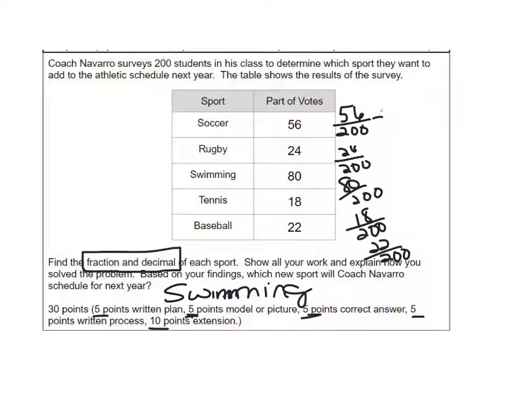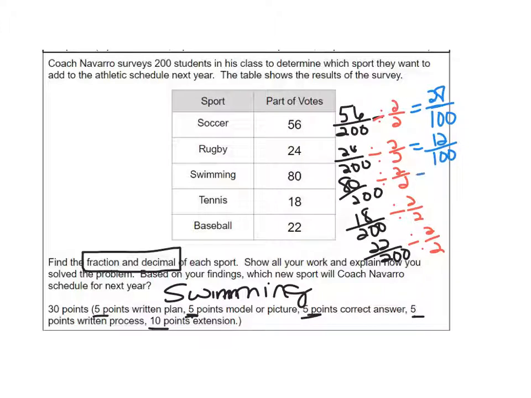If you divided by 2 on each one of them, then you could get your hundredths place. So in this case, all you had to do was put 28 over 100, 12 over 100, 40 over 100, 9 over 100, and then 11 over 100.